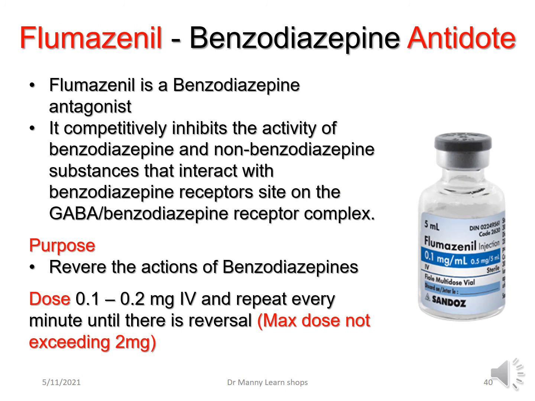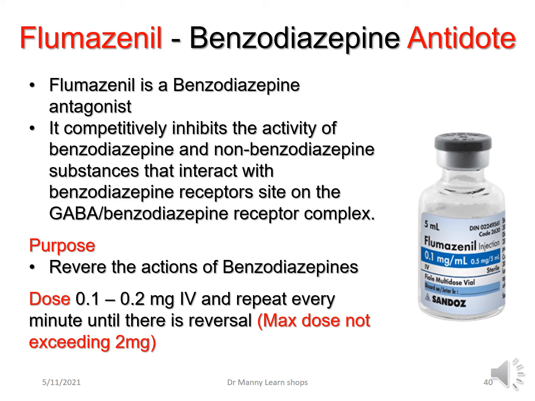It's important to be aware of the antidote, and it has to be there, available, just in case. Flumazenil is a benzodiazepine antidote. It's an antagonist. It competitively inhibits the activity of the benzodiazepine and non-benzodiazepine substances that interact with the GABA receptors in the brain.